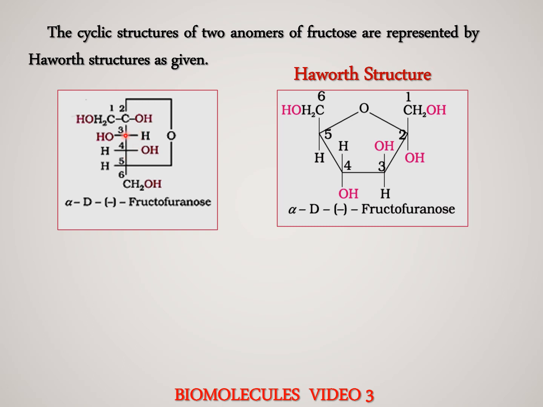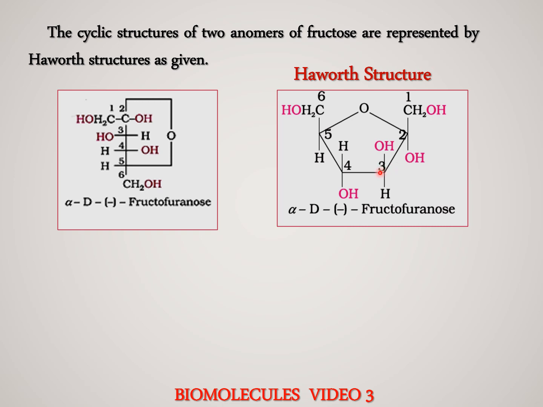So let us check carbon number 2, 3, 4, 5. They are all members of the ring. Carbon number 2 has CH2OH on the left and OH on the right. So therefore CH2OH above the plane, OH below the plane.